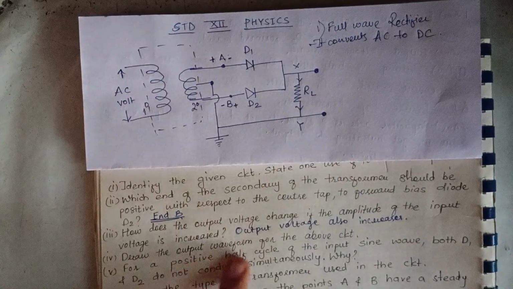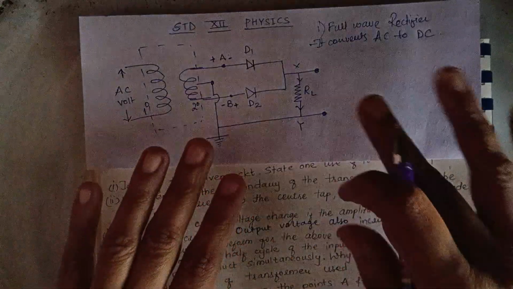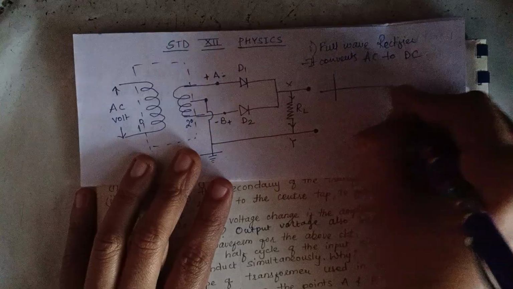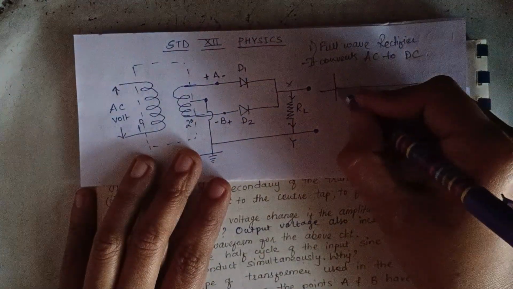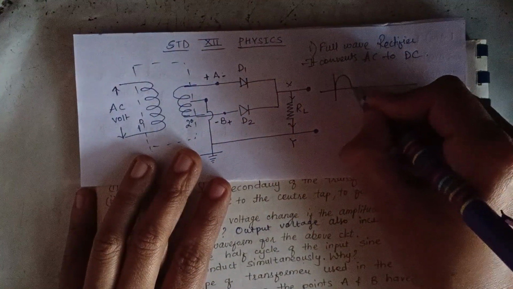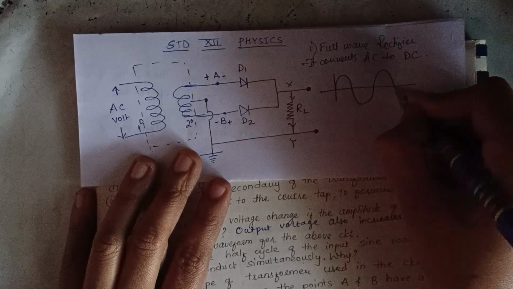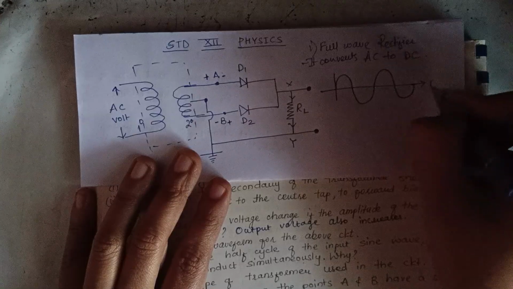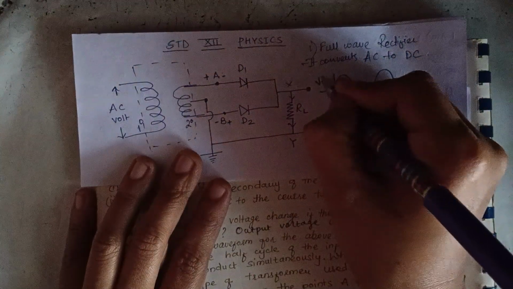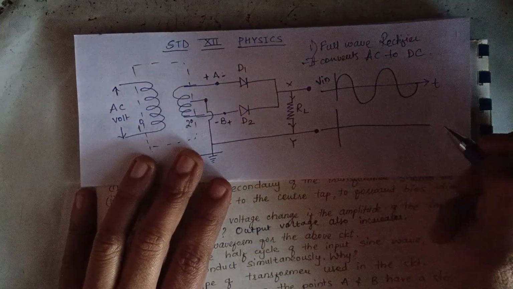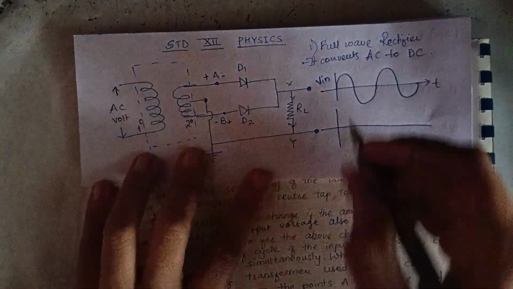Draw the output waveform for the above circuit. So, output waveform, first you have to draw the input waveform. This is positive half cycle, then the negative half cycle, positive half cycle, negative half cycle. This is the input. Then we get an output.